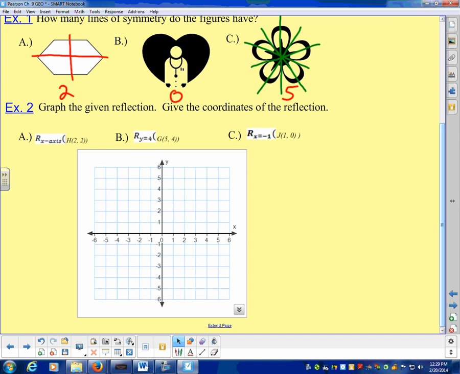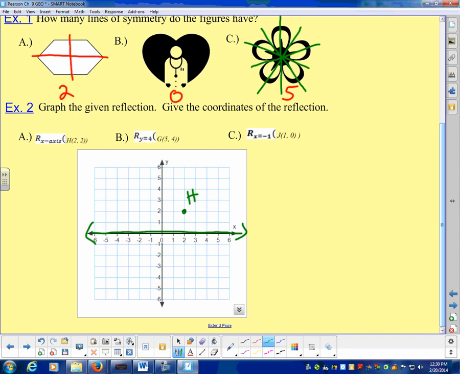So if I take H and plot it, H is at 2, 2, so go ahead and do that with me. Here's H. We're going to find H prime, and we're going to reflect it over the x-axis, which is this horizontal axis right here. Really easy to do. The properties of reflections, in that first little box, said if it's on the line, it stays there.